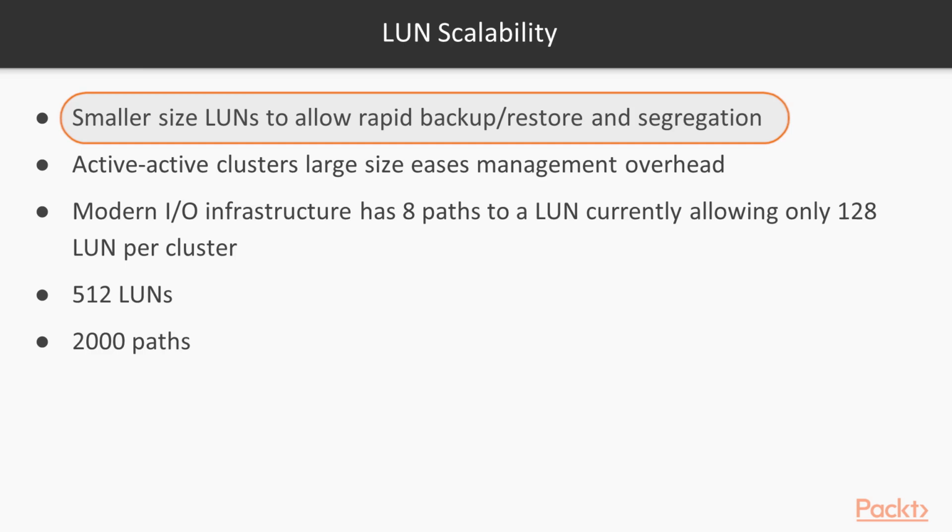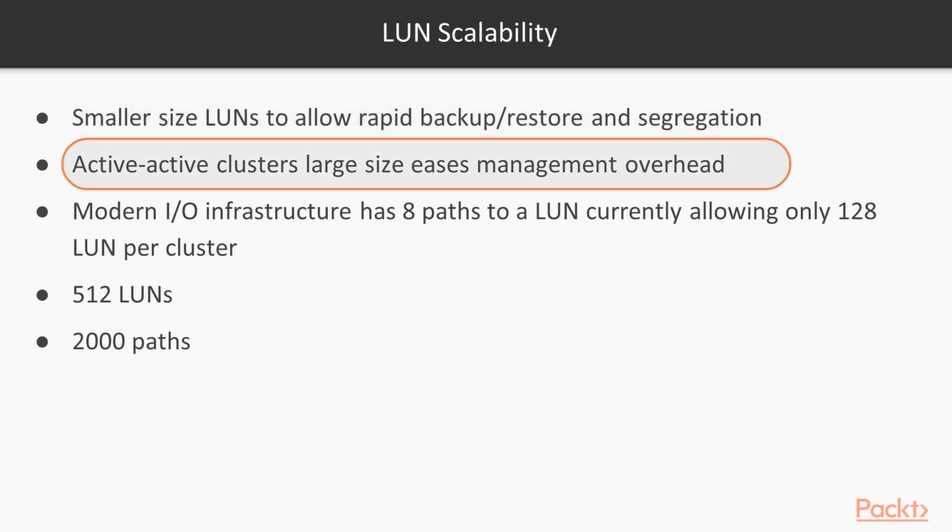So there is a possibility that the number of LUNs required in a modern data center, from a security perspective and from a responsiveness perspective in terms of rapid backup and restores, would require a much larger number of LUNs than was available in version 6.0 of vSphere that came before 6.5.